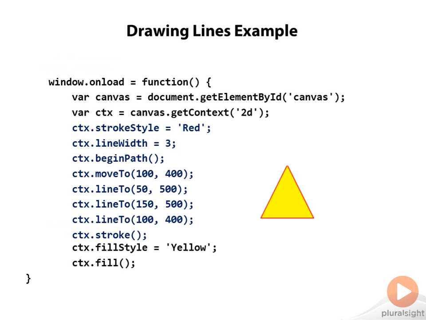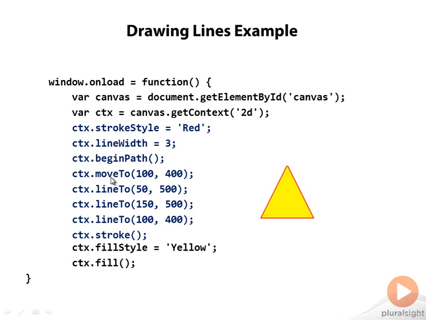Now here's an example of using several of these functions together to ultimately render a triangle. You can see we start off as normal by finding the canvas and then getting the 2D context. From there we're going to set our stroke style to red and make the line width a little bit thicker. We're going to set it to 3 in this case. Then we're going to say, all right, canvas, we're going to begin a path. This will start the dot-to-dot tracking, if you will.